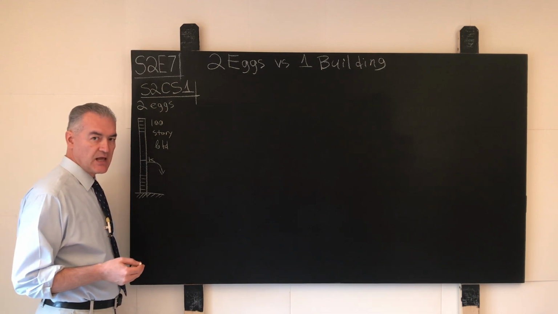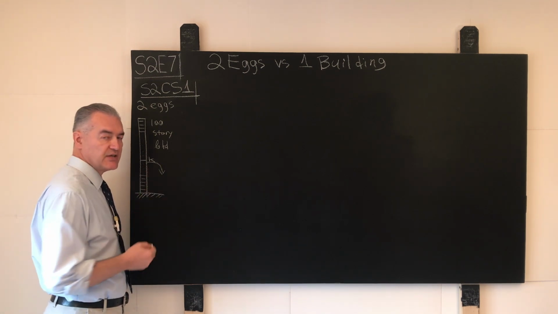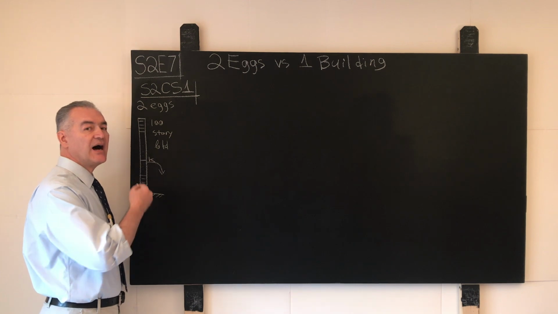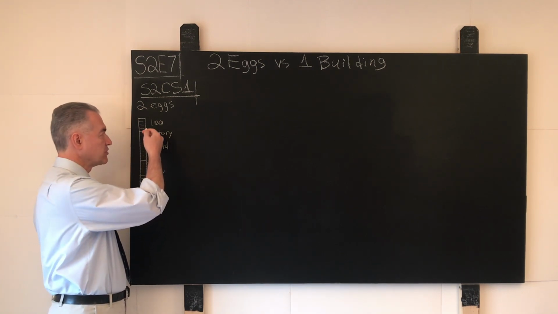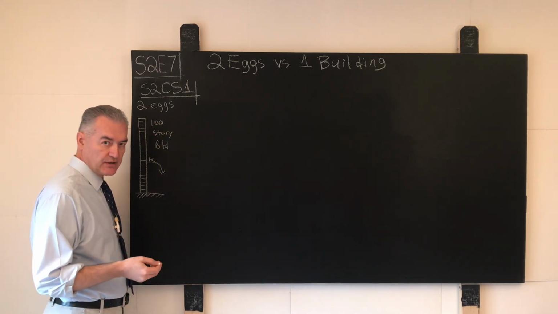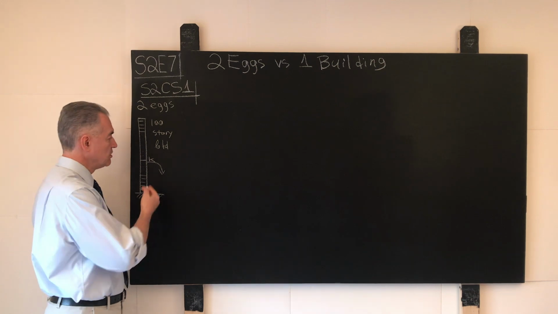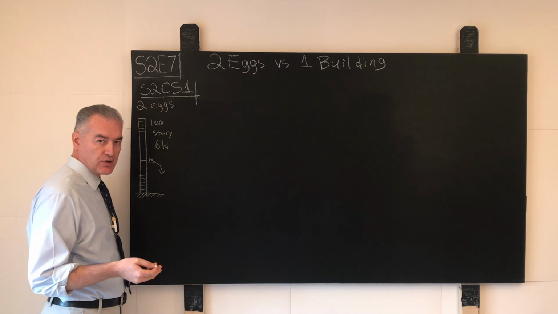What does that mean? That means that if these eggs, for example the second egg, is thrown from any higher floor, from the floor K plus 1, K plus 2, K plus 3, and so on, this egg will definitely break.